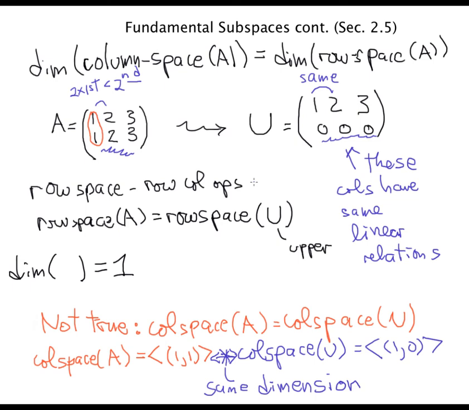So that's the key fact. And now, what is the dimension of the column space? Well, it's the number of pivots again. These both have the same dimension, and it's just the number of pivots.